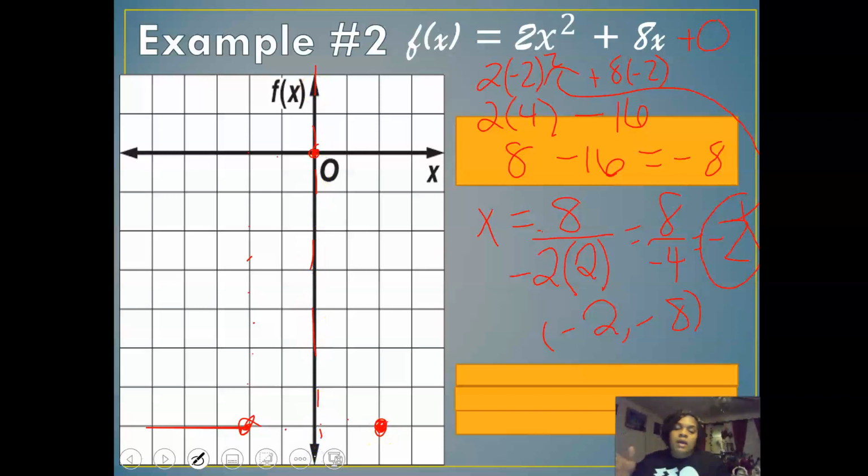I counted how far away from the line of symmetry the point I already know is, and drew the other point. It's supposed to open going up, but my points are funky. I'm hoping that this clarified some things for you.